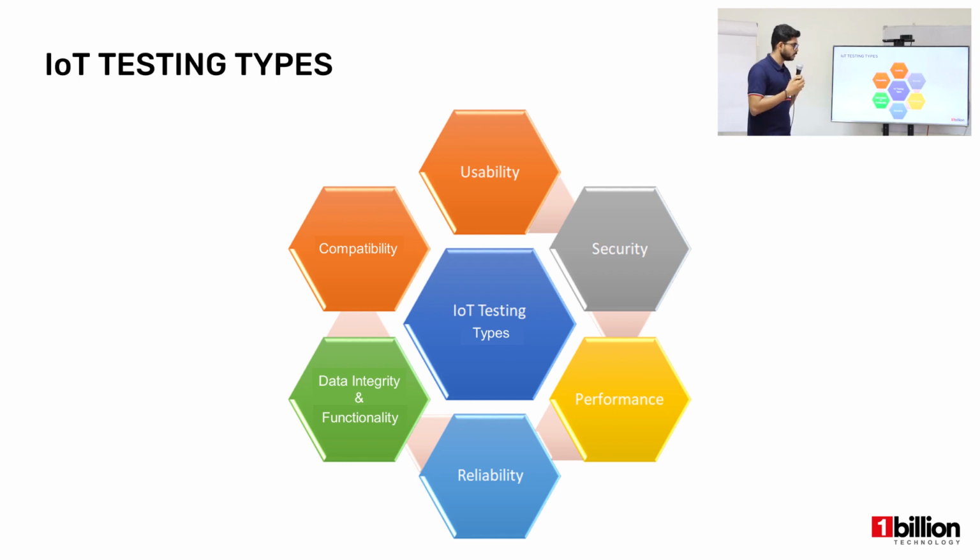Then now let's talk about security testing. When we talk about IoT, security is number one, because IoT operations are all about sharing and processing data. Most of that data is personal and business related data, so it needs to be protected really well.